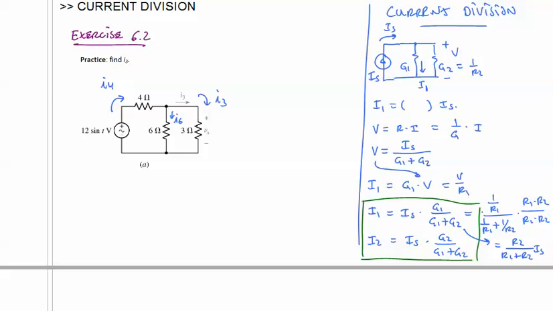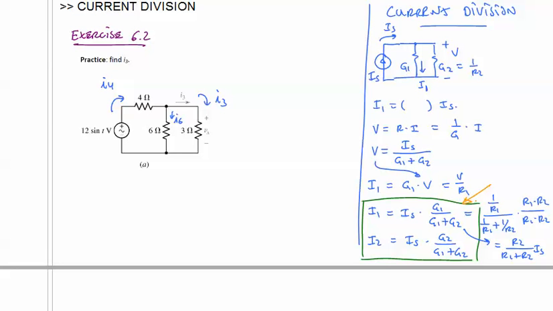I would recommend that you focus on the conductance formula. If you think about conductance when you have parallel paths, then the formulas for voltage division and current division completely follow. Current through R1 or G1 is G1 over total conductances times IS, just like the voltage across R1 is the resistance R1 over the total resistances times Vs, the driving voltage.